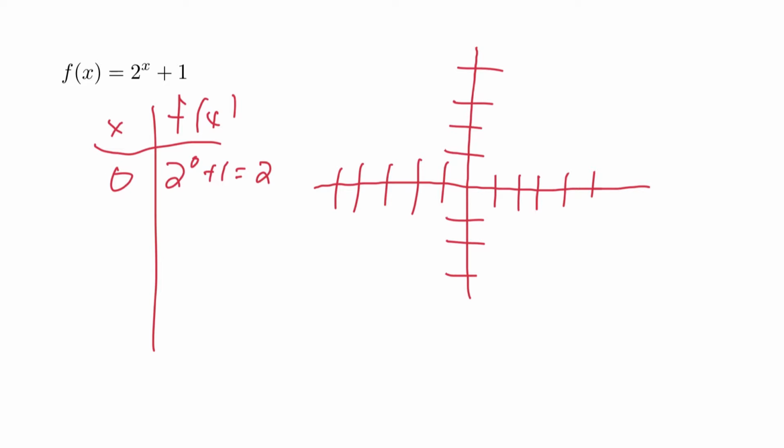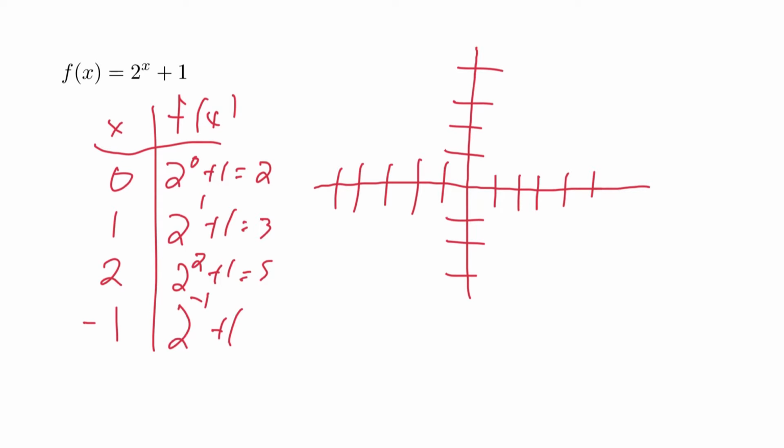When x is 1, I get 3. Right, and then how about like minus 1? I'll get 2 to the minus 1 plus 1, so 1/2 plus 1, so 3/2. So the picture is something like this.